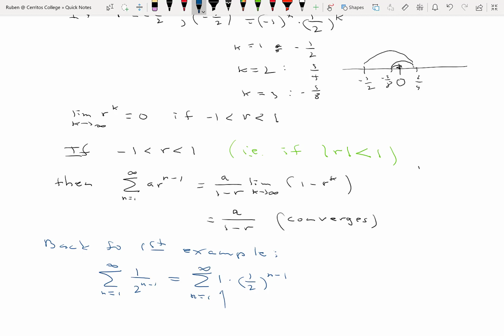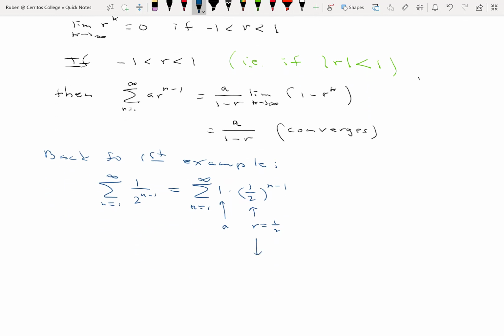A is 1. R is 1/2. The absolute value of R is 1/2, which is less than 1. That's what we needed for convergence.